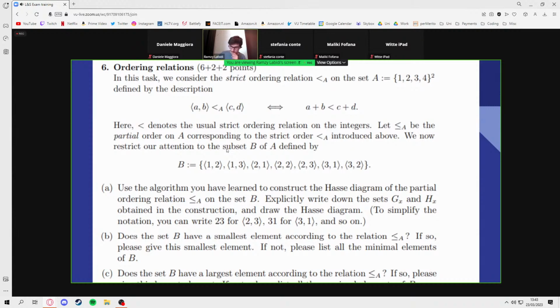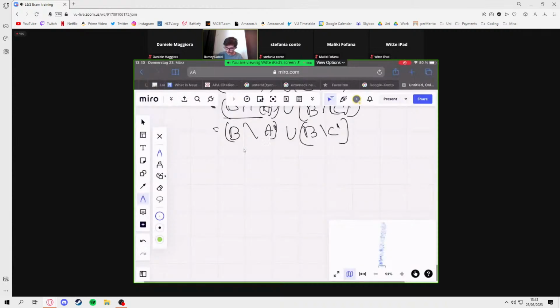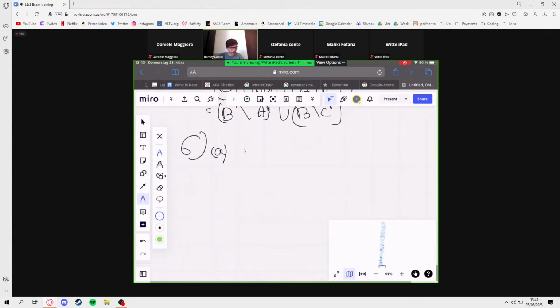All right, so question 6. Let's start with A. It asks us to explicitly write down the sets Gx and Hx, right? And to simplify the notation, you can just write them as sets. Great. All right, so let's start with writing down the set of 12.